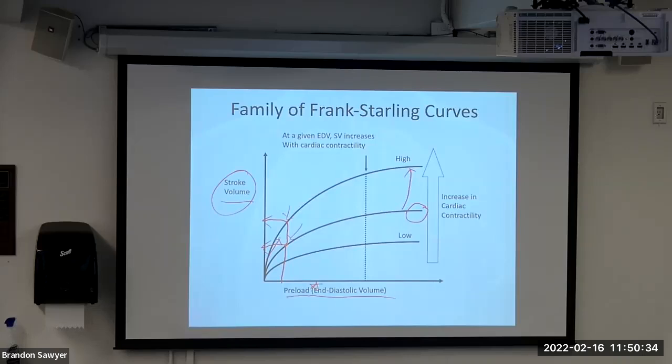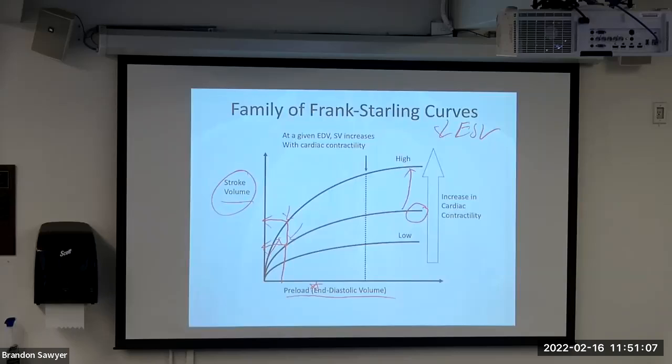EDV stays the same. Say it again. Decrease, good. So the end systolic volume is lower, meaning that there's less blood left over in the heart after the heart contracts. And that's a function of how hard the heart contracted. It emptied itself more. So this would be because of a decrease in ESV.